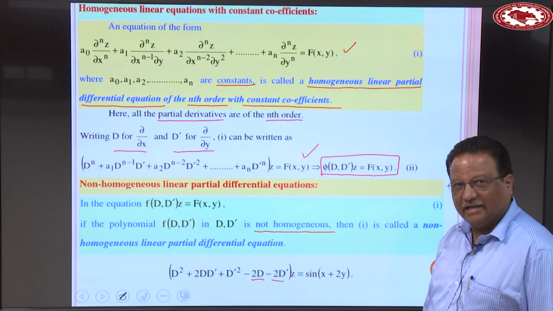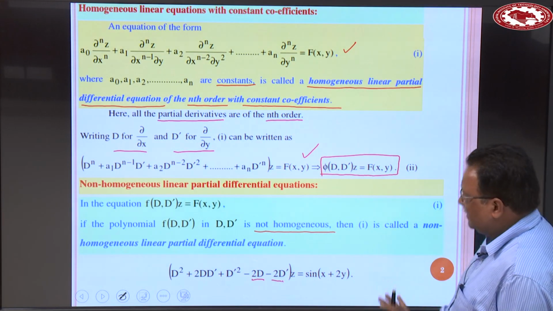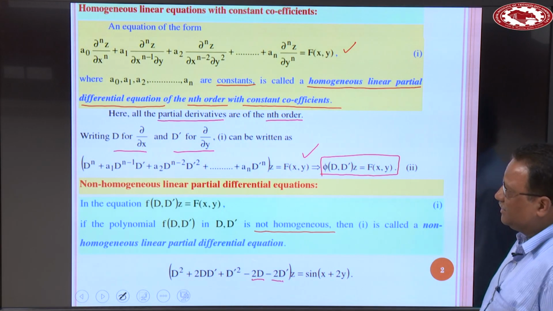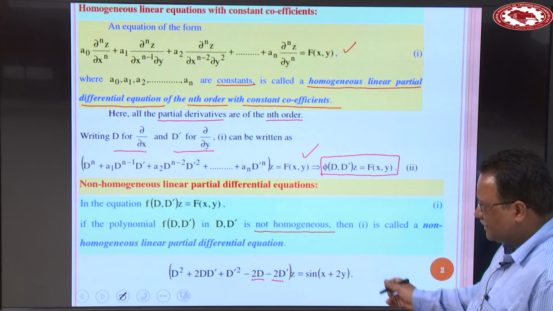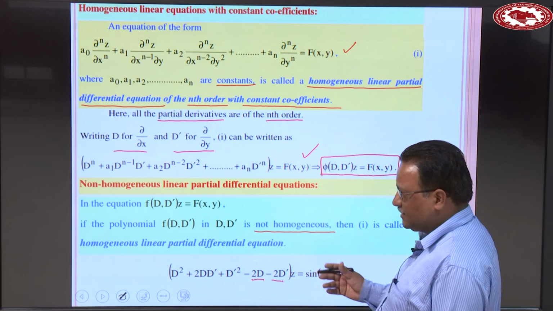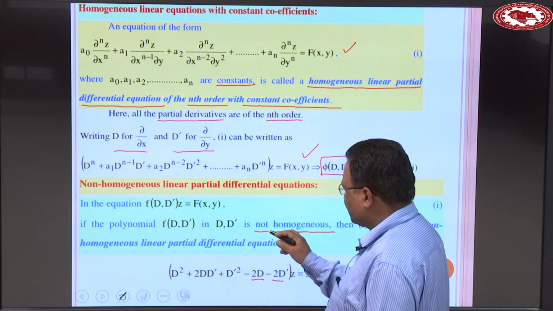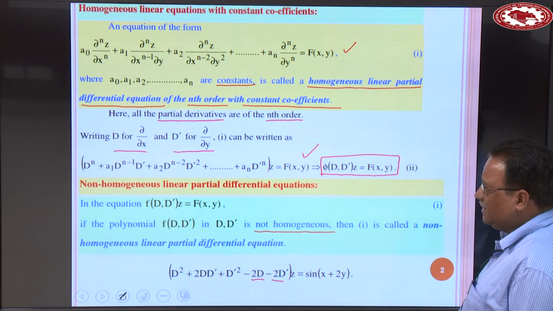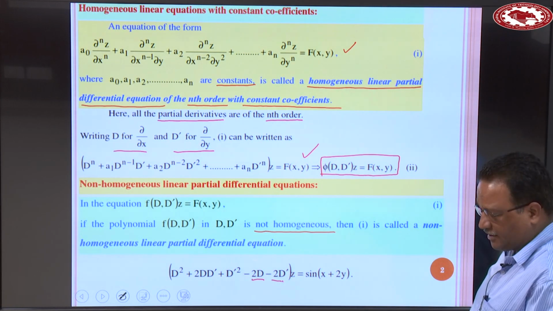Due to this reason, this is a non-homogeneous linear partial differential equation with constant coefficients. This is an example of this kind of differential equation. If this type of polynomial is not homogeneous, then the equation is called a non-homogeneous linear partial differential equation.